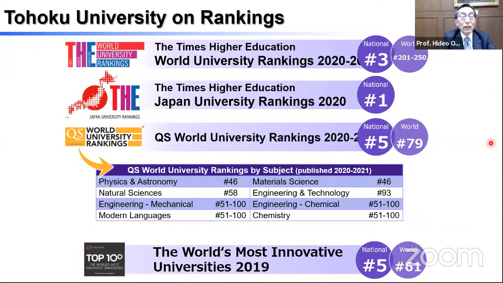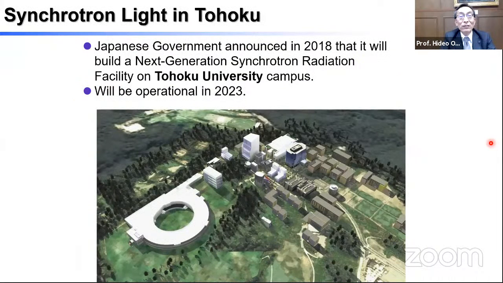From the ranking point of view, you can see that we are ranked from number 1 to number 5 in Japan alone, and well regarded, hopefully very highly around the world. And the third thing that I would like to briefly mention is that on our campus, there's a building going on, which amounts to a synchrotron light source, the third generation synchrotron light source, which will be operational in 2023.